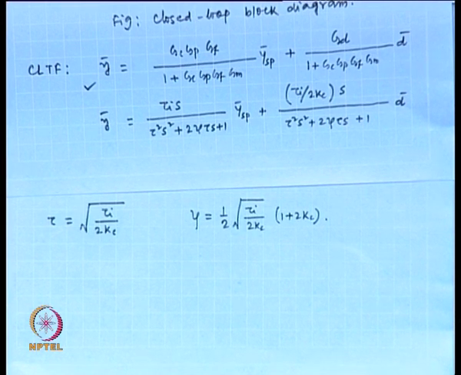You see, both tau and zeta are functions of Kc and tau I. Fine.